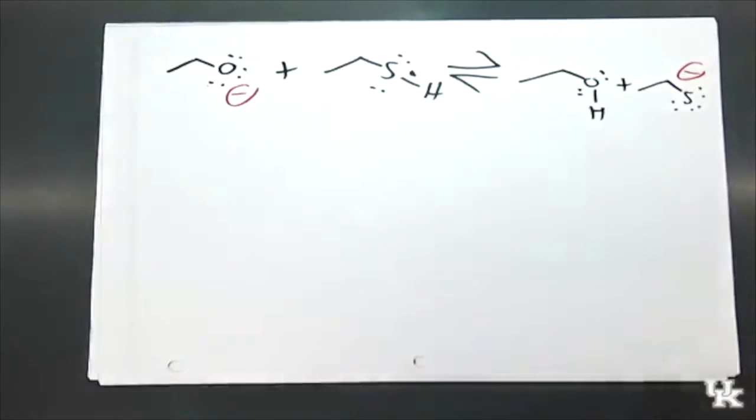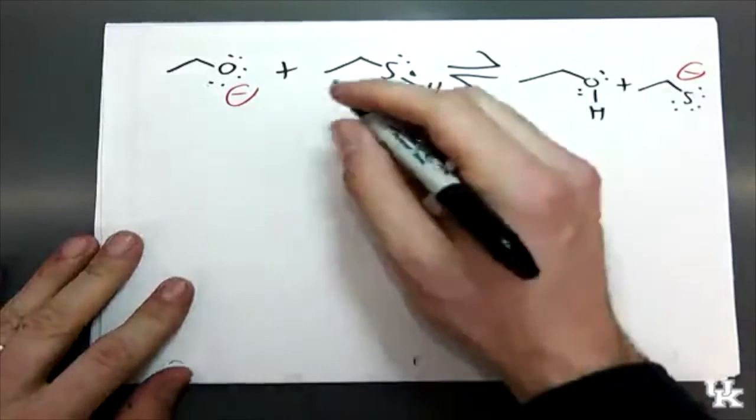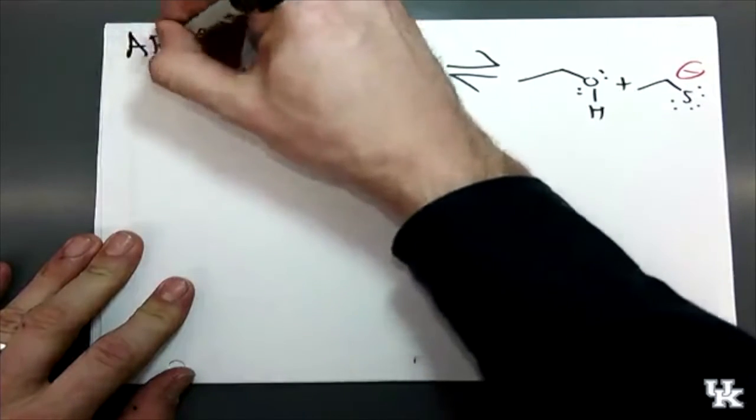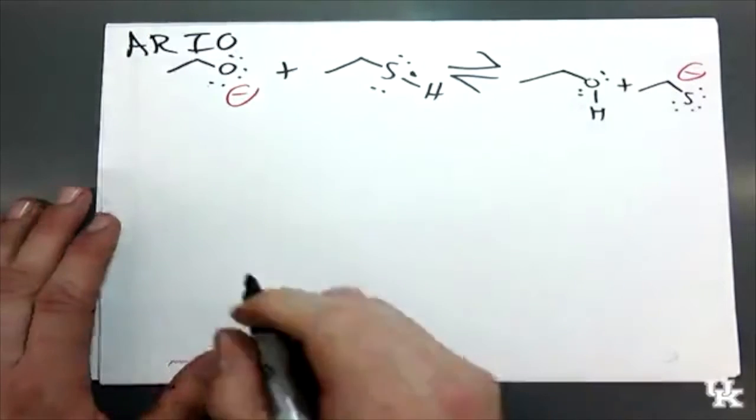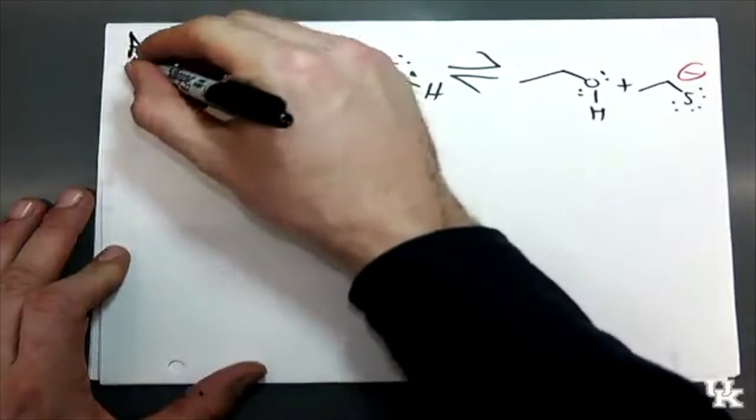So the mnemonic we're going to use, if you've looked in your book on Chapter 3, you probably know this already, but it's called ARIO. And each of these stands for different things.